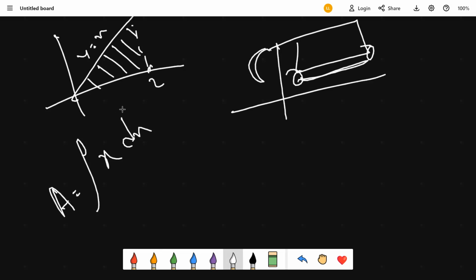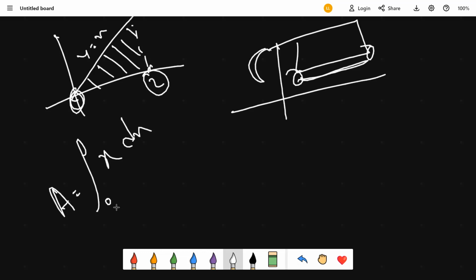Similarly, see here, we need two x values. One of the values is given as x equals 2. Now, what is the other value of x? From where does the length start? It starts from x equals 0, and it continues until x equals 2. That means it starts from 0 and continues till 2. So we are going to start from 0.